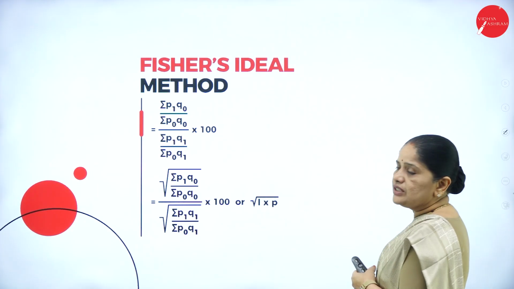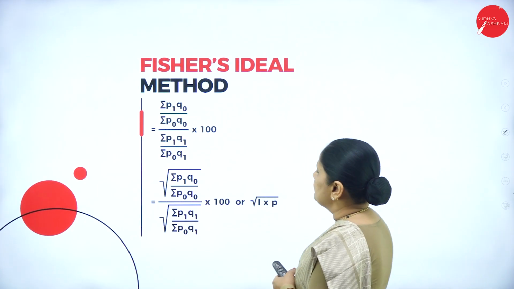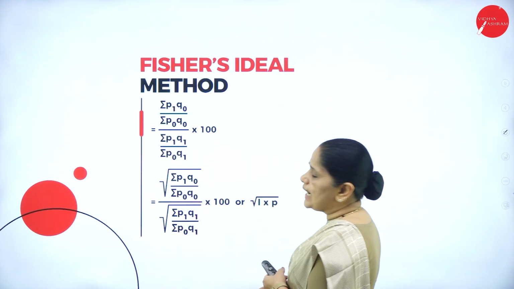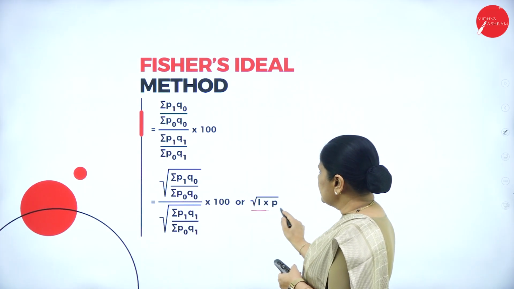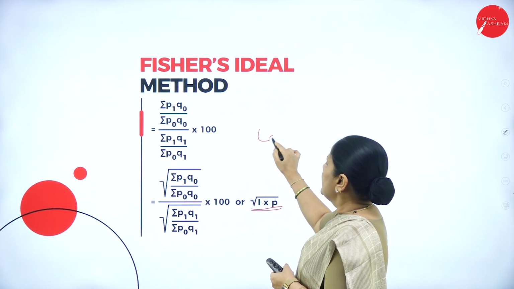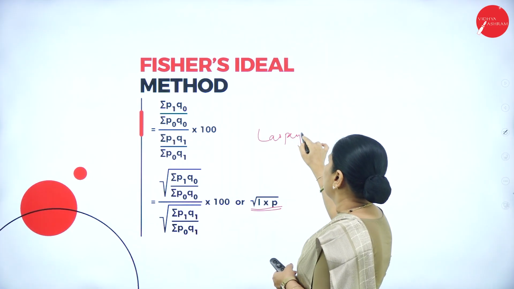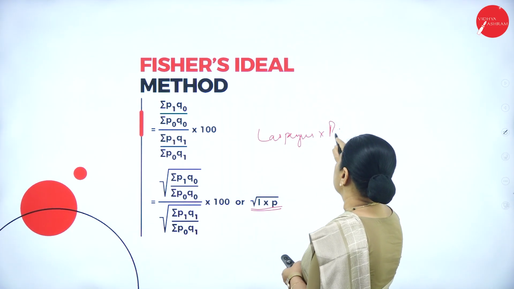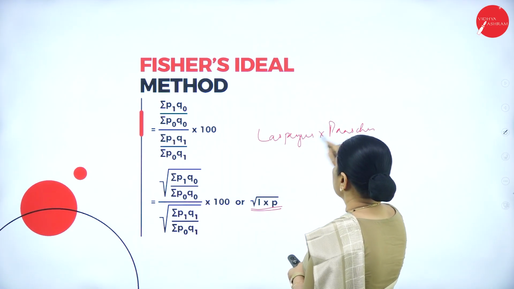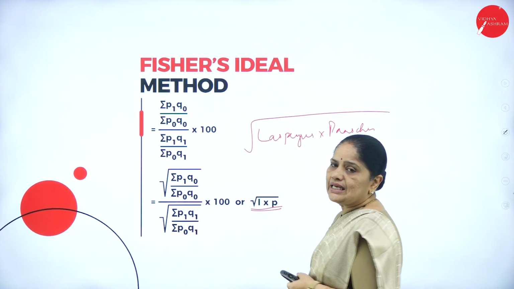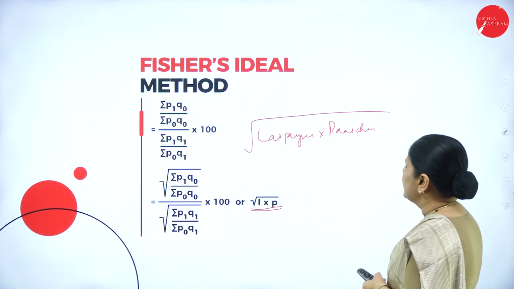Now, coming to Fisher's ideal index number. When we go for Fisher's ideal index number, it is the root of L into P, that is Laspeyres' into Paasche's method. So the root of that gives us Fisher's ideal index number.